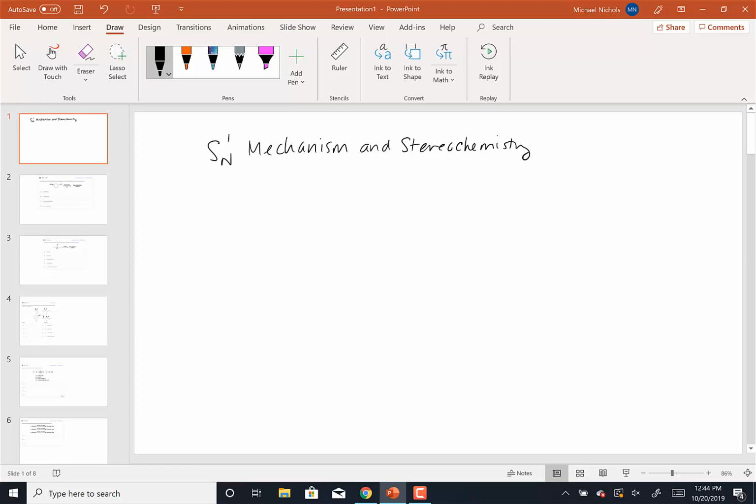So if I have, for instance, a secondary halide like this, and I'm going to react it with something like water, which is a weak nucleophile.